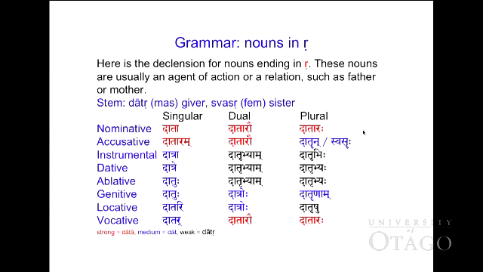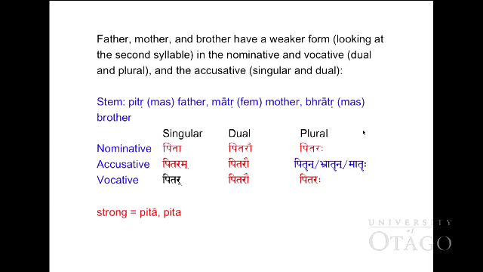And let's see the second group, relative. That is father, mother, and brother, which have a weaker form. So looking at the second syllable in the nominative and vocative, dual, plural, and the accusative, singular and dual, you can see from this one, pitarau, pitarah, pitaram, pitarau, pitarah, but pitra here.